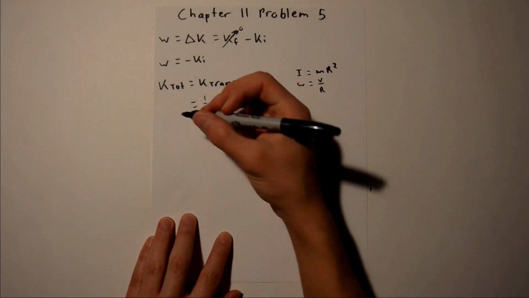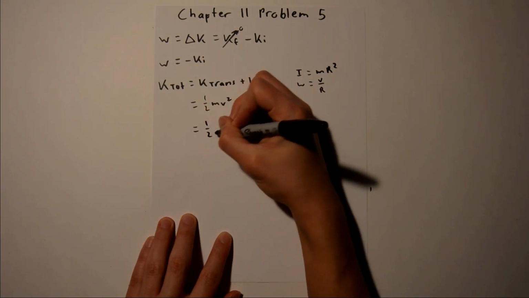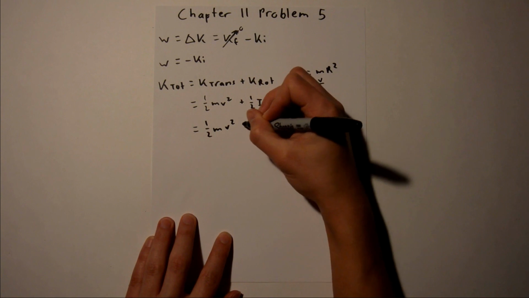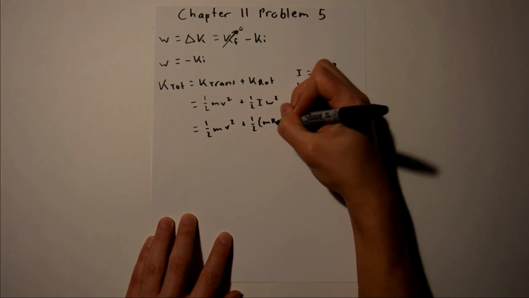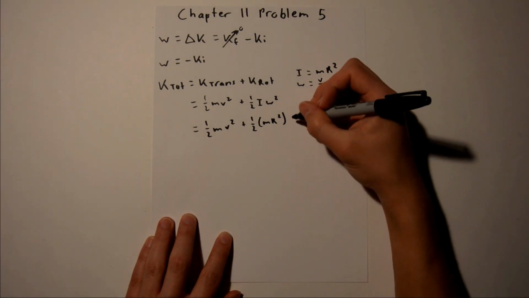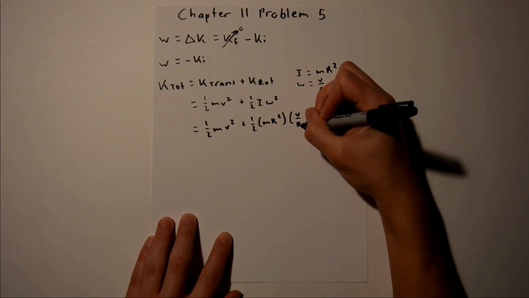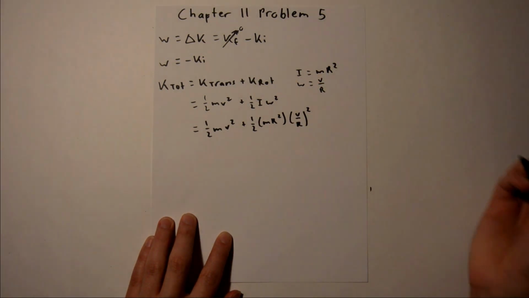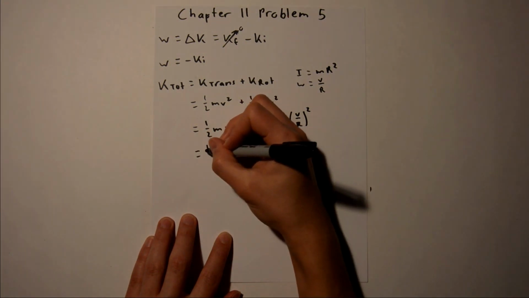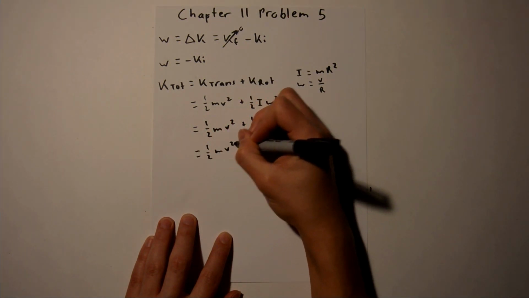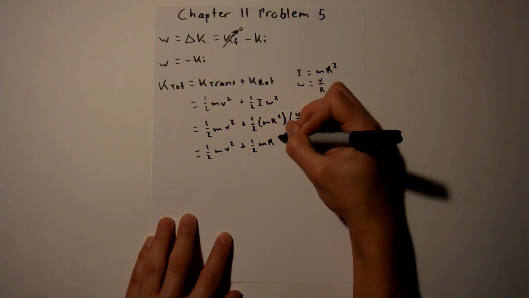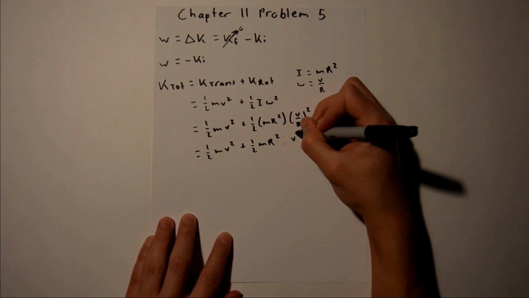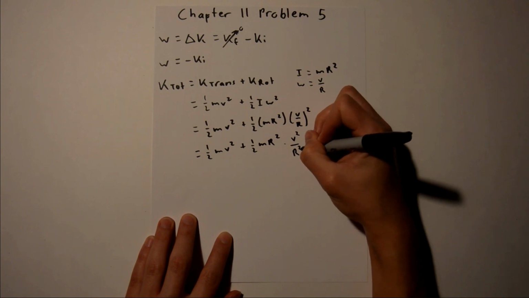So we can plug these in now, and we will get 1/2 mv squared plus 1/2, plug in our inertia, and then our omega. And then we can expand that out to say 1/2 mv squared plus 1/2 mr squared times v squared over r squared.